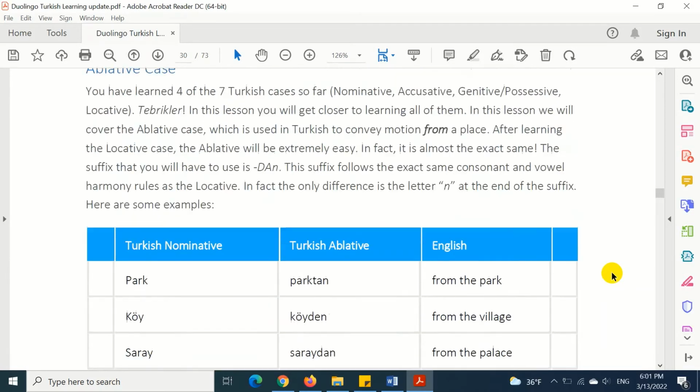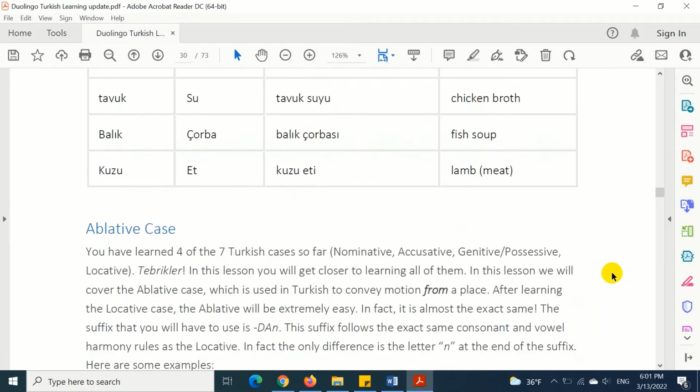Well, it was all about ablative case. In ablative case, we use it to convey the idea of motion from a place.